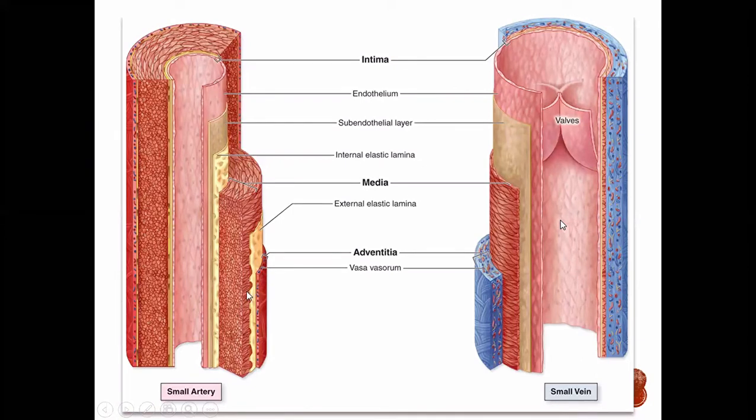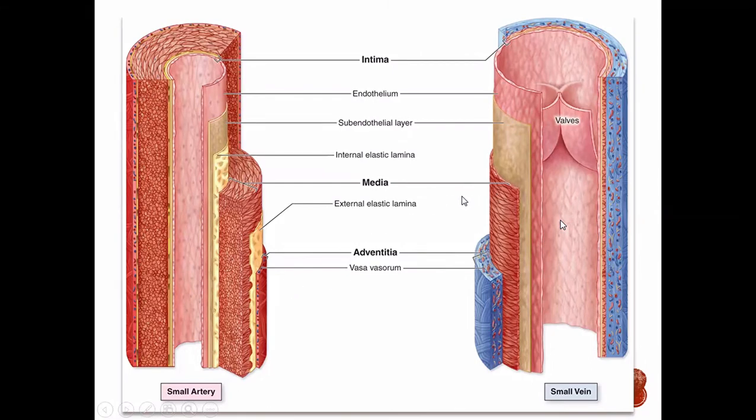But the tunica media is thicker in the artery, of course, compared to your vein. So those are two distinguishing characteristics of the artery and vein, plus the presence of valves in your vein.